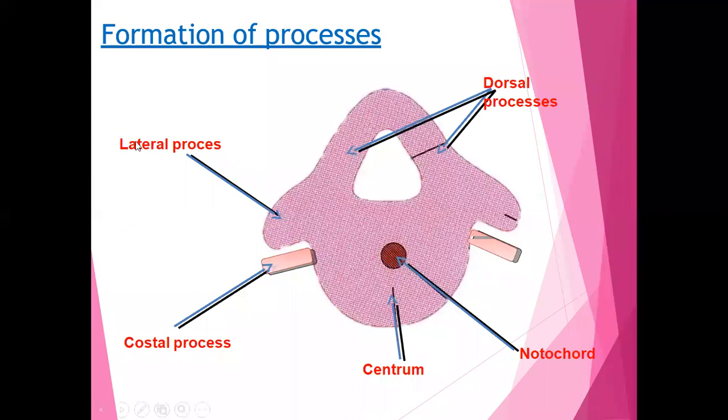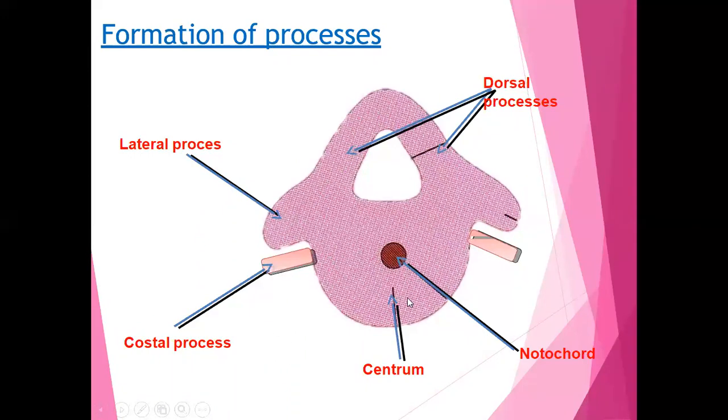So we have the dorsal process, the lateral process, and the costal process, and they are important especially in the thoracic area because they will develop there and give rise to the ribs, which is one of the subtopics, that is, vertebra and ribs embryology for today.